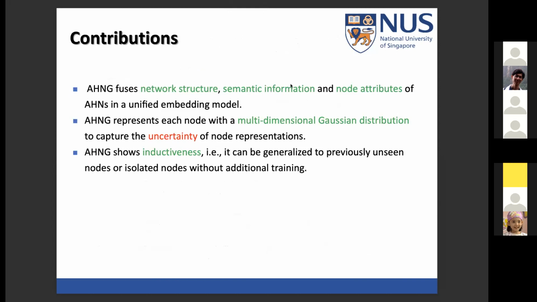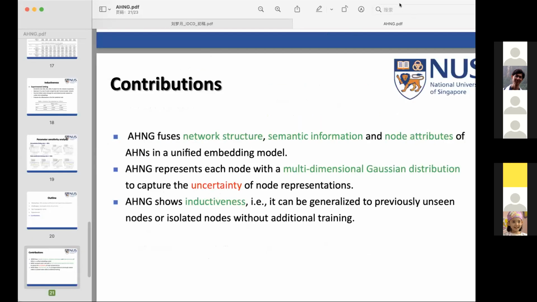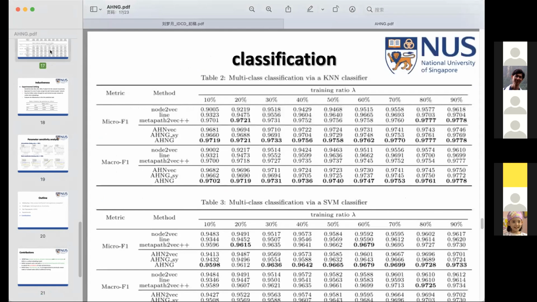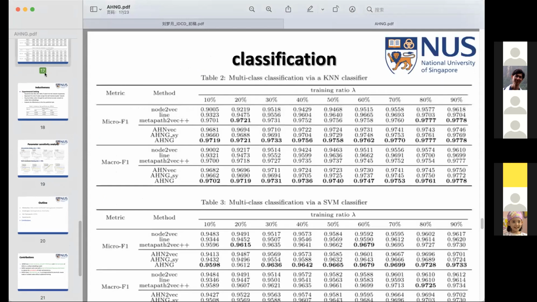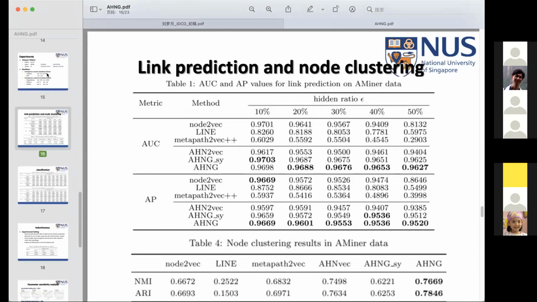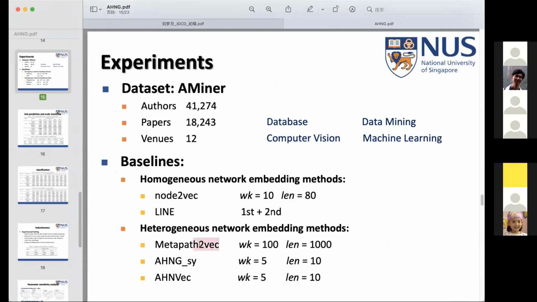But as a paper, what is missing is what the most competitive baseline was when this paper was published. Okay, you make the metapath2vec baseline.